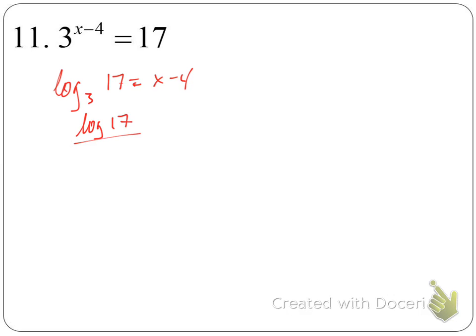Log of 17 divided by log of 3. And then we got to add 4 to both sides. And so you should get 6.58.